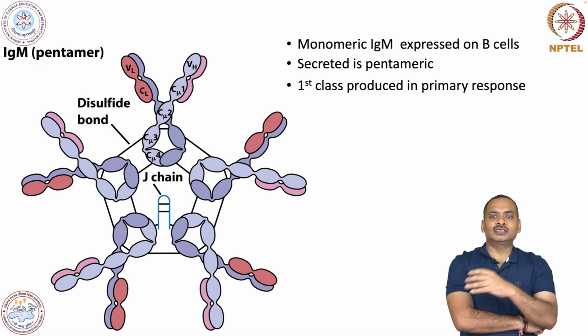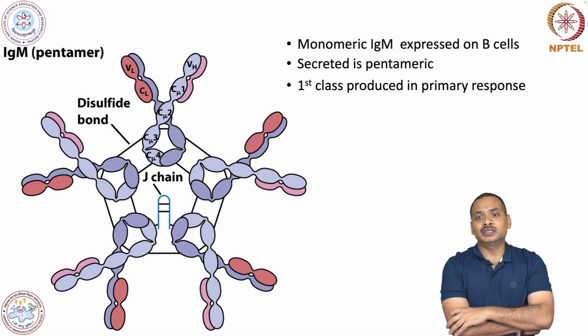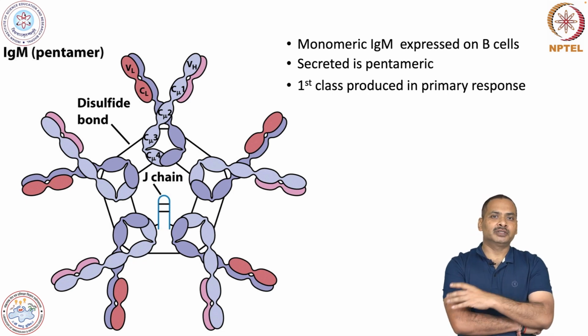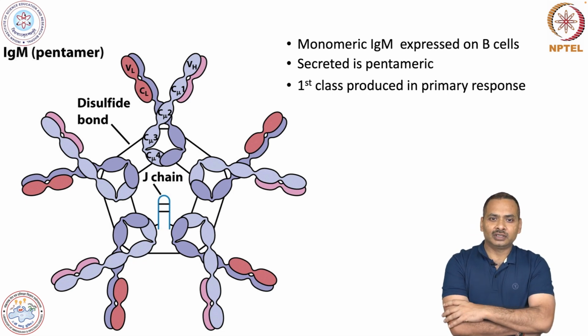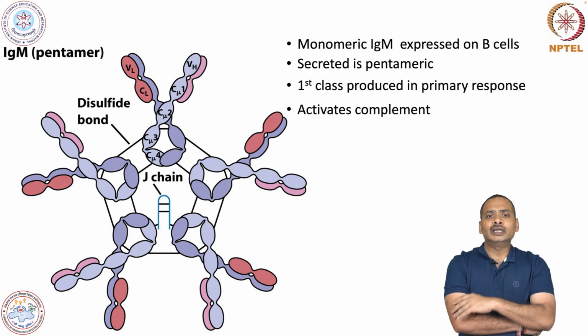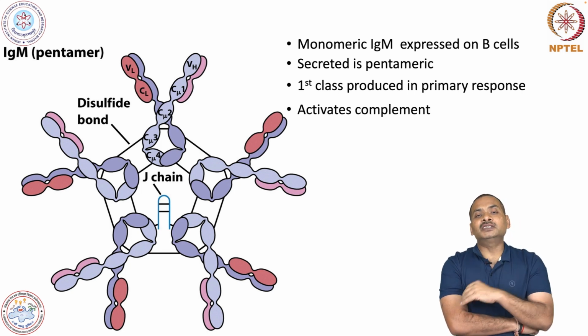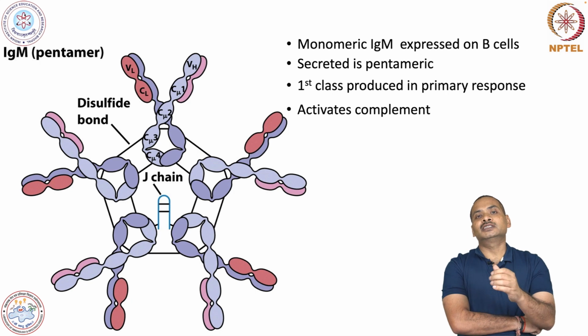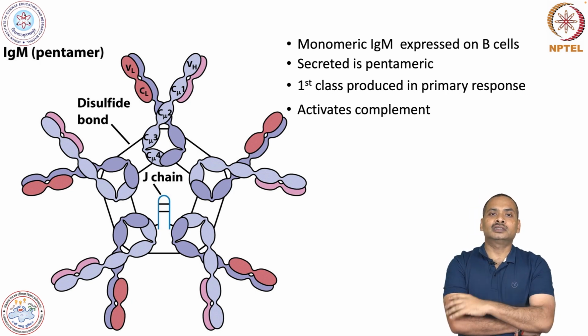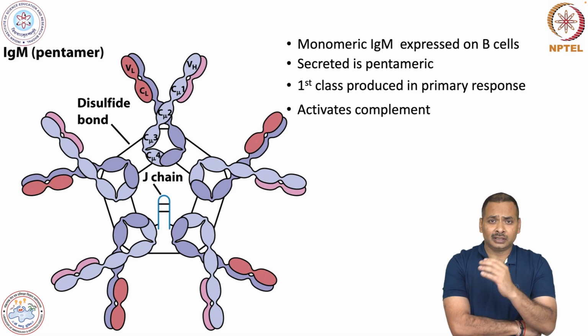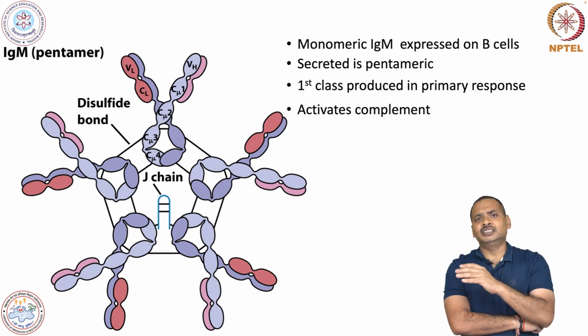This is the first class produced in the primary immune response, so that I have already told you. It can activate complement. I have explained that it has more potential to activate complement compared to the other antibodies, that is IgG.